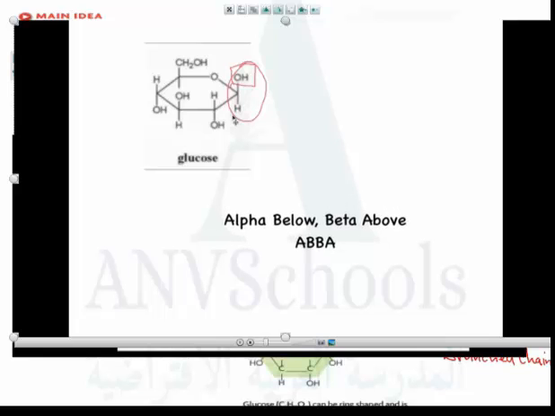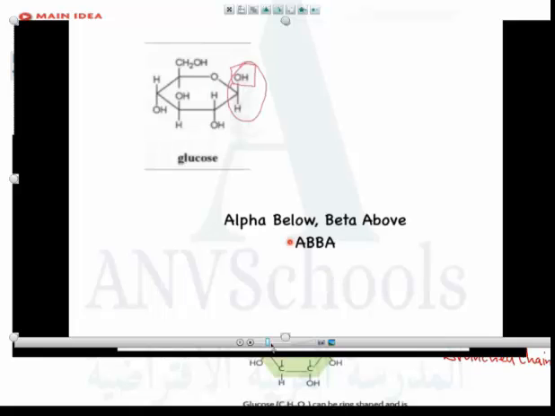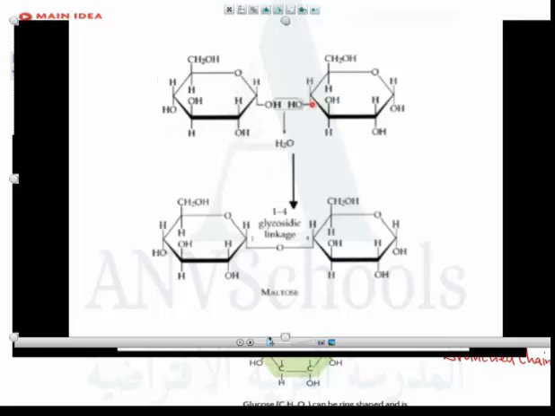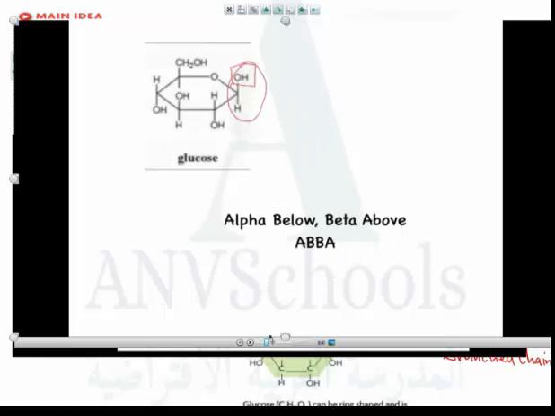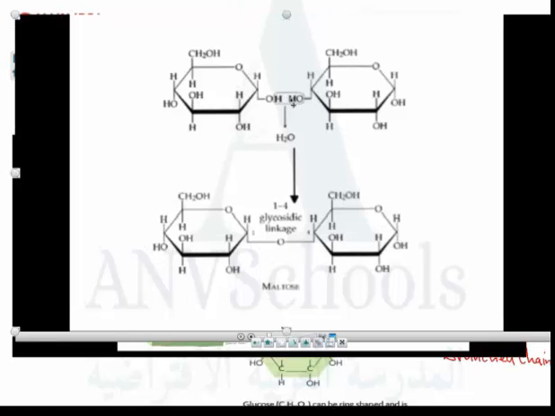When these two molecules come together, what is released here is water. What is formed here is a glycosidic bond.